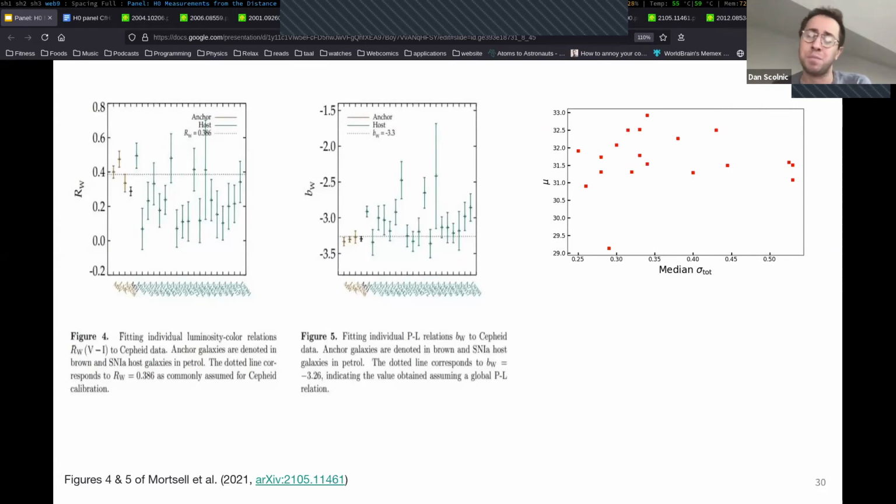This has been a well-known problem in the supernova community: whenever you're solving for a dust law, a color-luminosity relation, the noise basically has no relation with luminosity. So if you have color noise, its relation is 0. It should just pull your effective R sub W down, because noise is just noise.